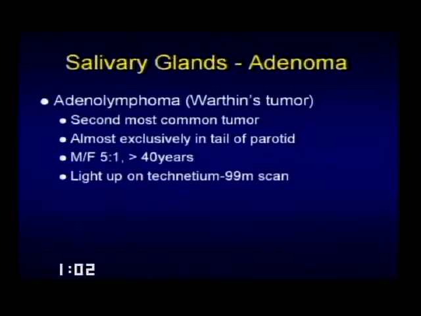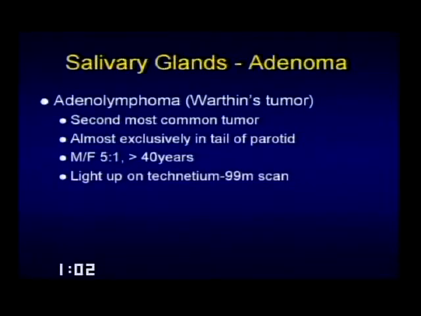The adenolymphoma, or Warthin's tumor, also comes up frequently. It's the second most common benign tumor of the salivary gland. Remember, it is a benign tumor and is treated the same way that a pleomorphic adenoma would be treated. It's almost exclusively in the tail of the parotid. There is a very high predilection for males over females, and usually over 40 years.